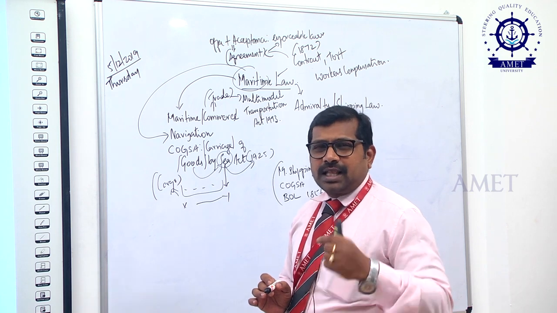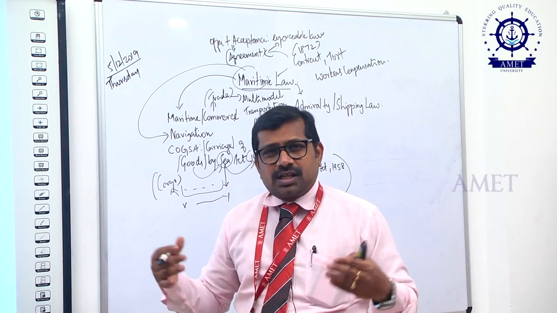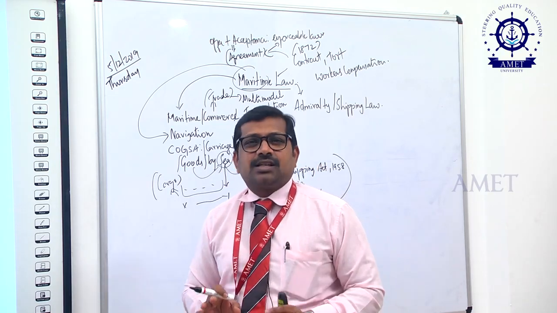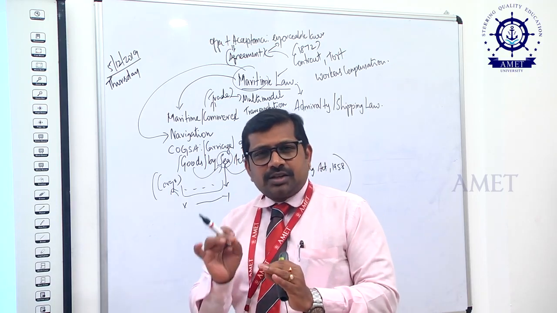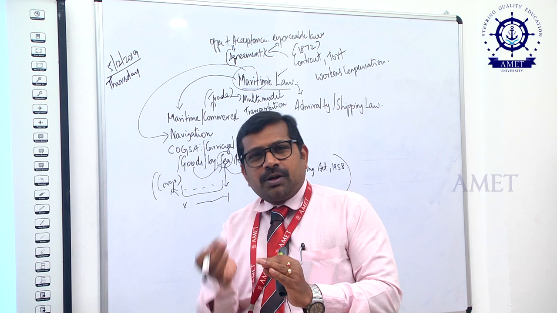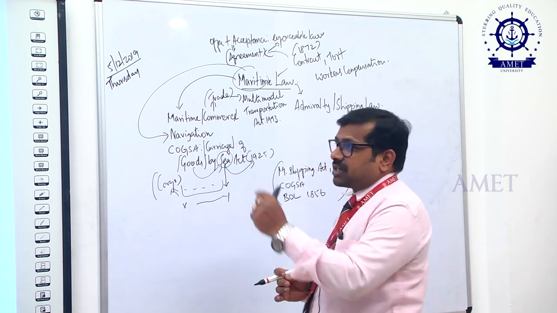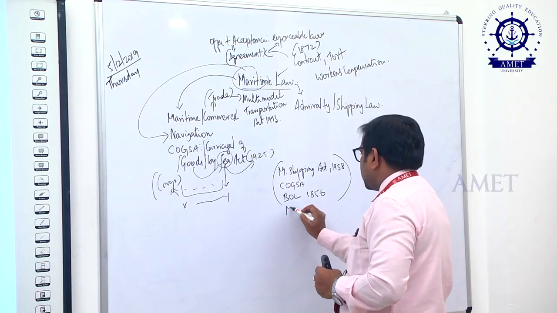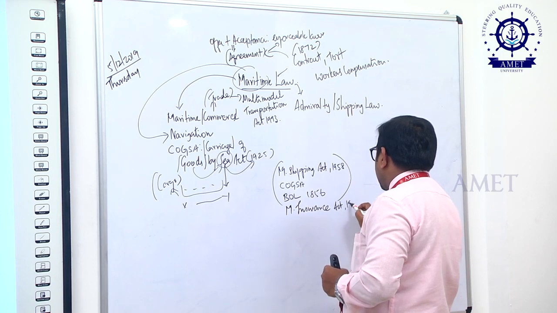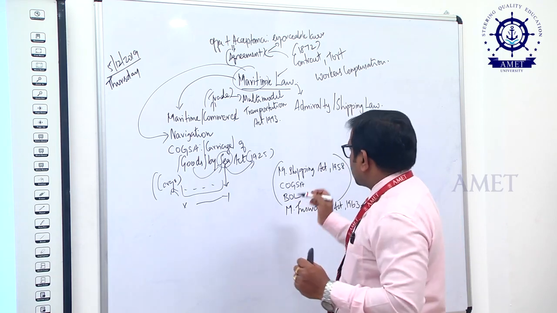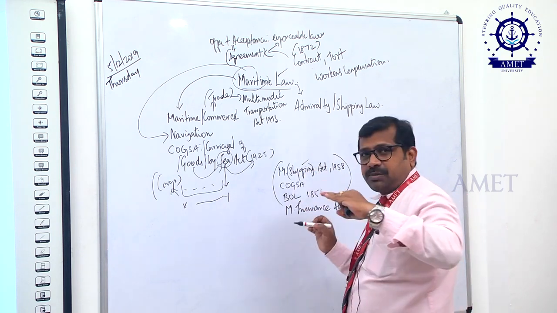Another act which is also most important, as per the international conventions, where two ships collide with each other, is marine insurance. Marine insurance is one of the provisions applicable under maritime law. So, the Marine Insurance Act 1963. The first one is the mode of transportation, the Merchant Shipping Act.